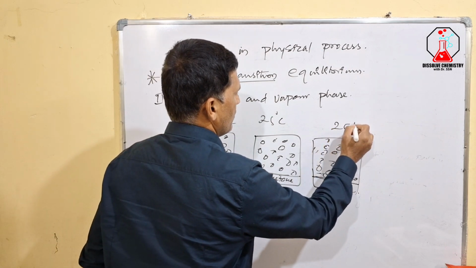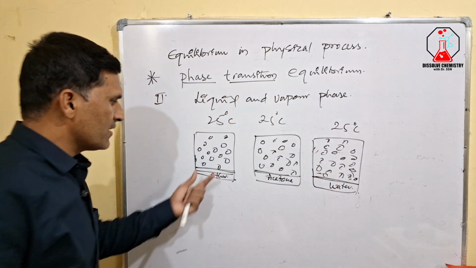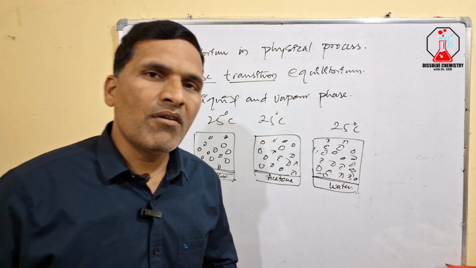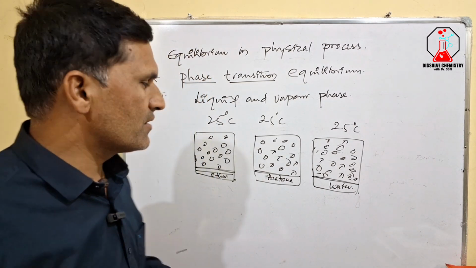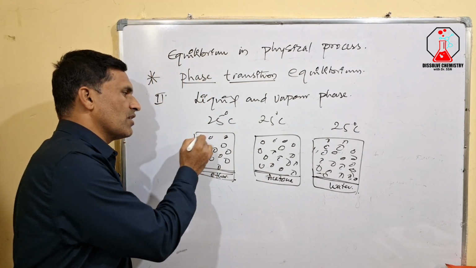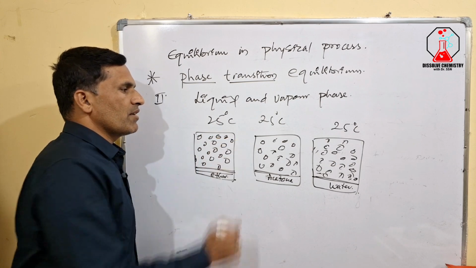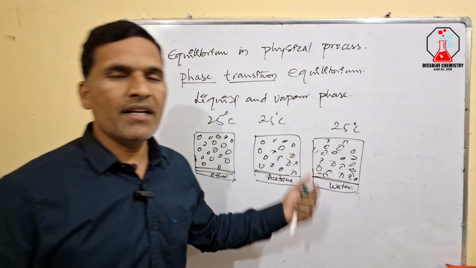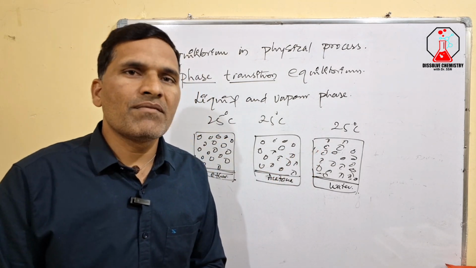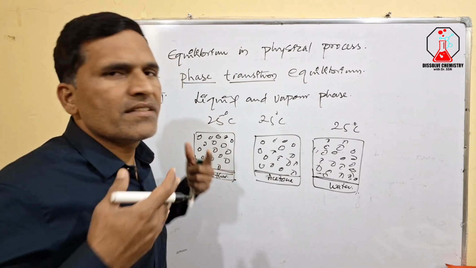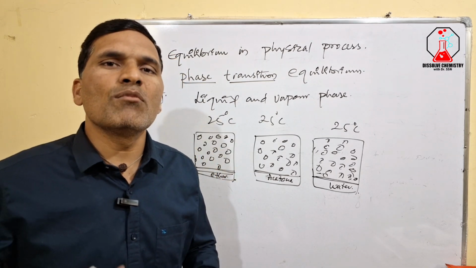So let me know, which has greater vapor at a given temperature? Obviously ether will have greater vapor compared to water and acetone. What is the reason for that? Because it is an inherent property that it is more volatile.